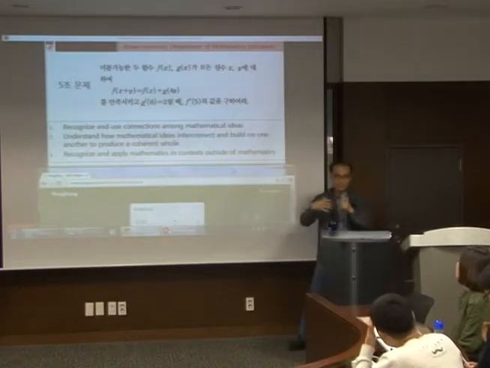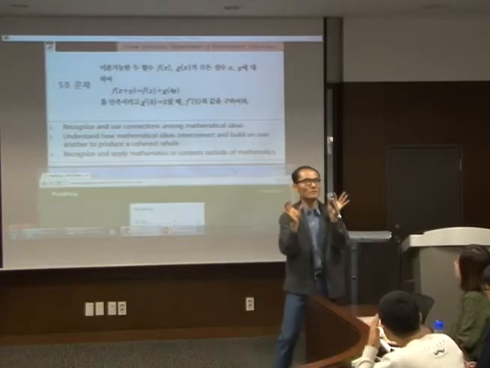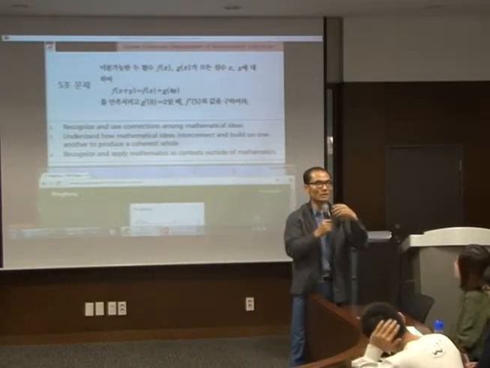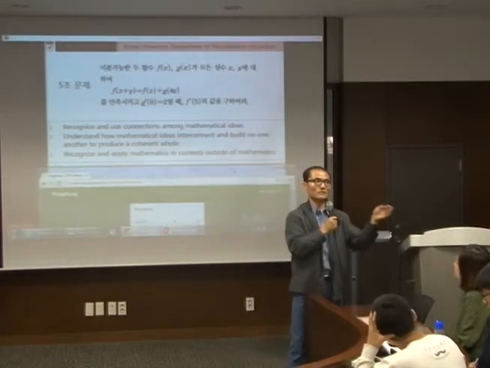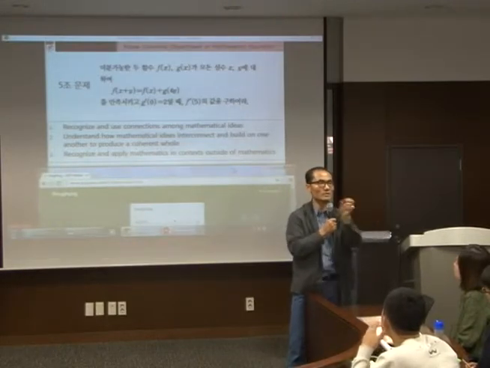Like when I provide an example, the area and volume, students basically understand their equivalent concept. That is a coherent whole. After looking at the area and volume, at first the students probably think separately: oh, this is area, this is volume.